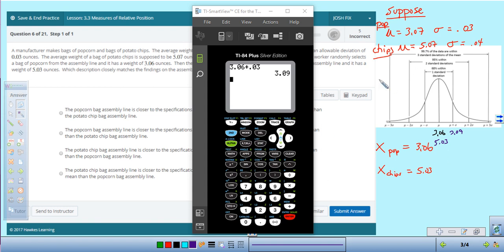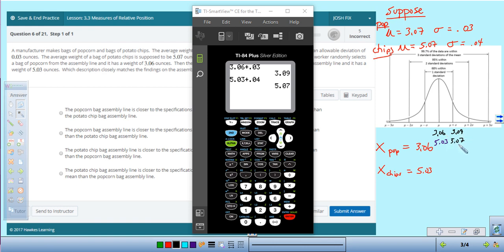Oops, wrong color. Let's clear that and get black so things stay consistent. So that would be 3.09. If we did the 5.03 and added on the 0.04, we get 5.07.